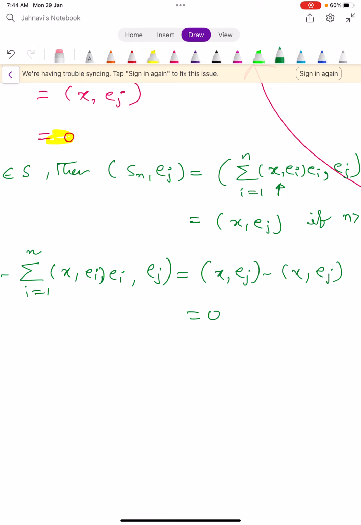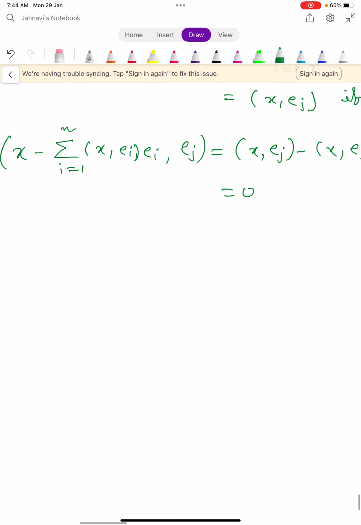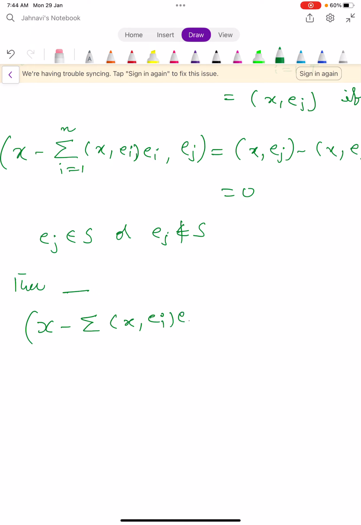Again 0. In both the cases, whether ej belongs to S or ej does not belong to S, the inner product of x minus the summation of x comma ei into ei, comma ej is equal to 0.